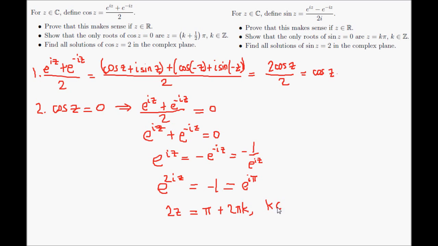That's the only way that e to the z1 is equal to e to the z2: if the two different complex numbers differ only by 2 pi, the two imaginary parts differ by 2 pi k. And so dividing by 2, we factor the pi out and we get z equals pi times k plus 1/2, where k must be an integer. Maybe positive, maybe negative.